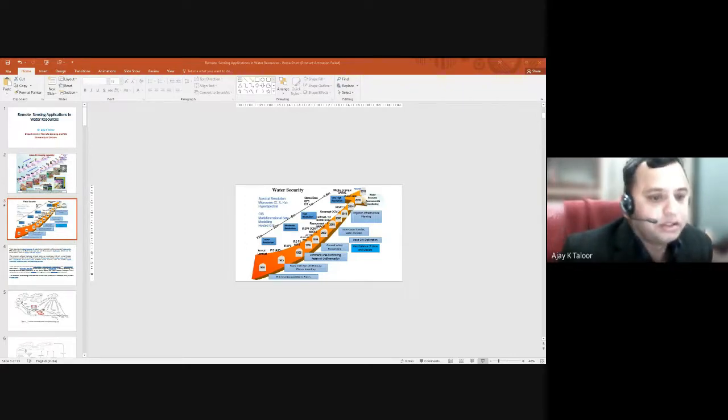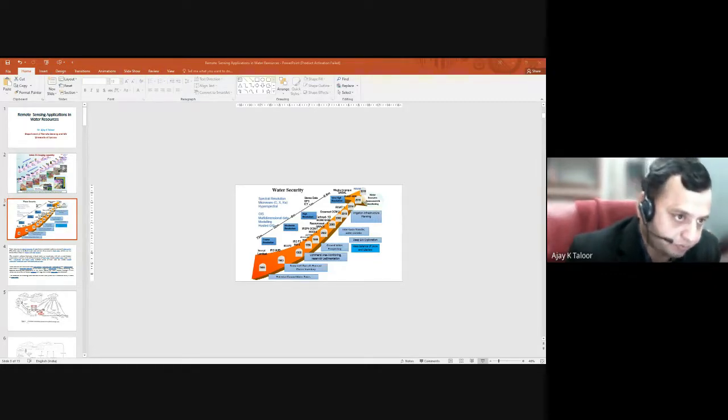So this is the water cycle. I think everybody knows about this water cycle, which is known as the global hydrological cycle: evaporation takes place, then condensation, cloud formation, and precipitation. Then some portion of the water comes as surface runoff, which is the overland flow.